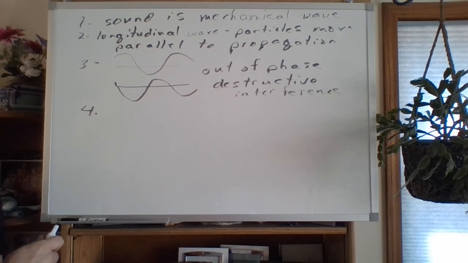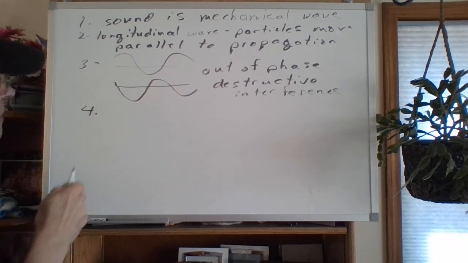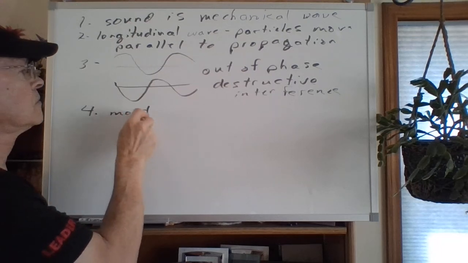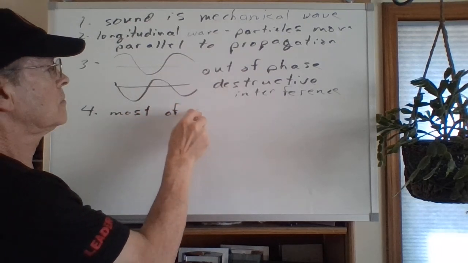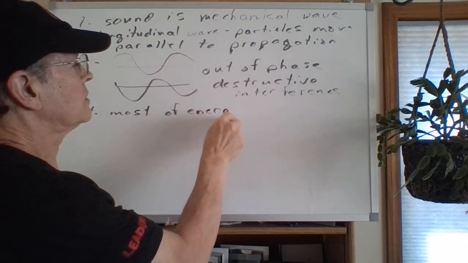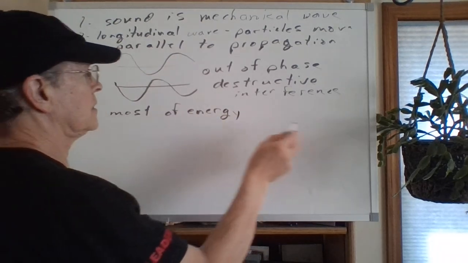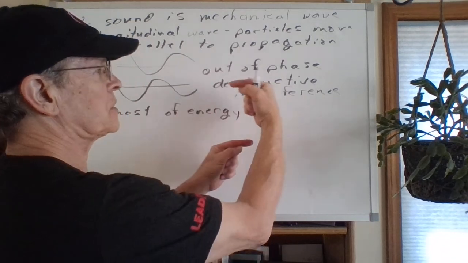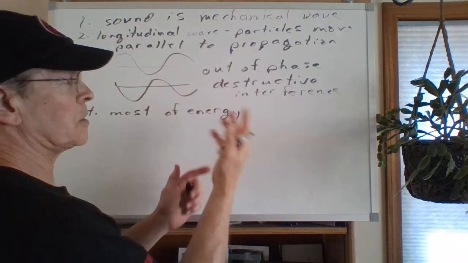Number four, when a wave gets to the end of a string that is fastened tightly, most of the energy is reflected as an inverted wave. Because it's harder to move that new medium. They exert equal and opposite forces, but the thing that moves the easiest will move the most.